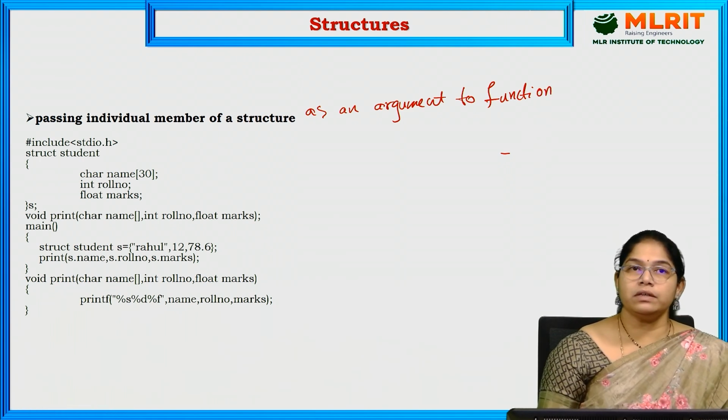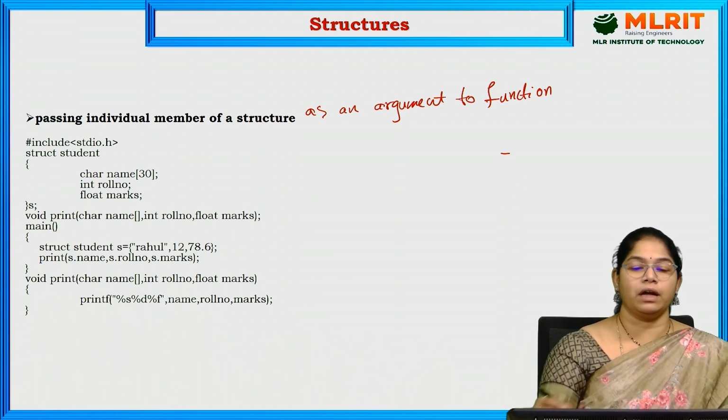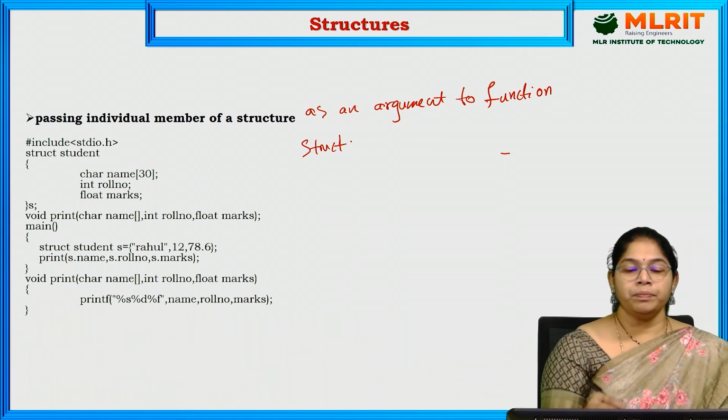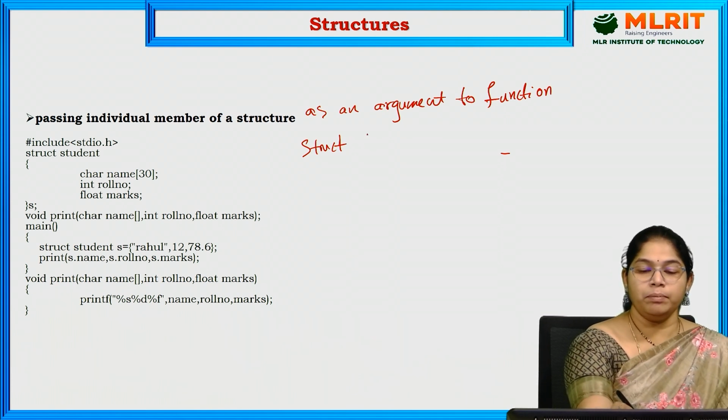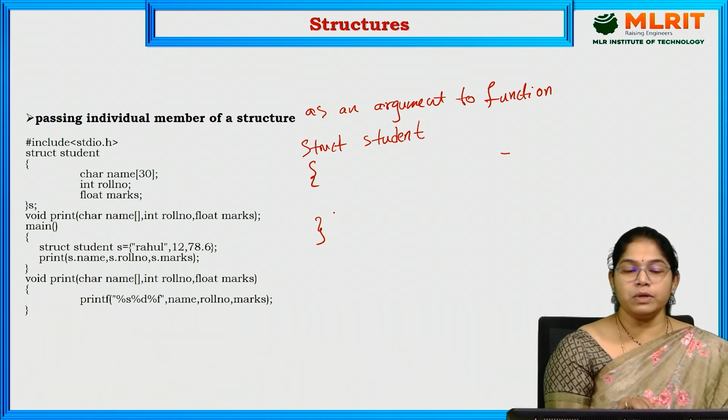So how to write a structure? Already we discussed in the previous sessions. To write a structure, we have to use the keyword struct, followed by a structure name. Let us suppose here the structure name is student. Then here we write members of the structure.